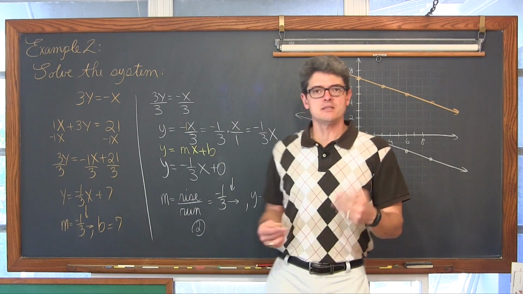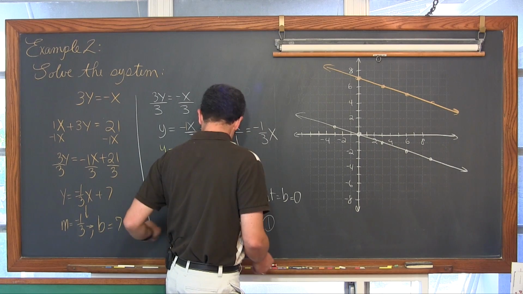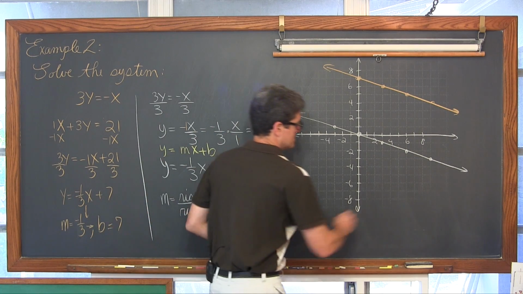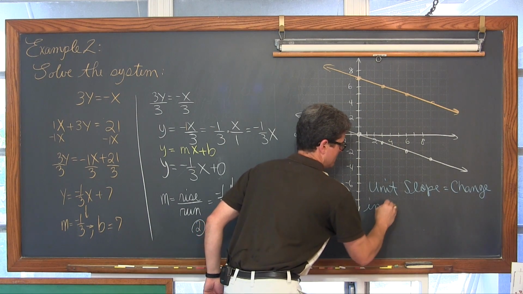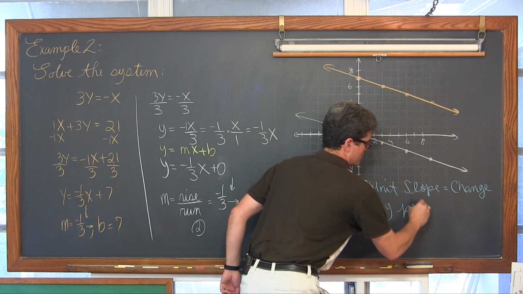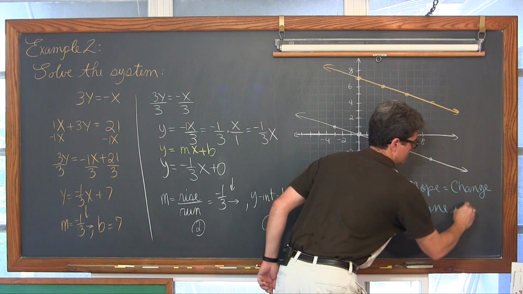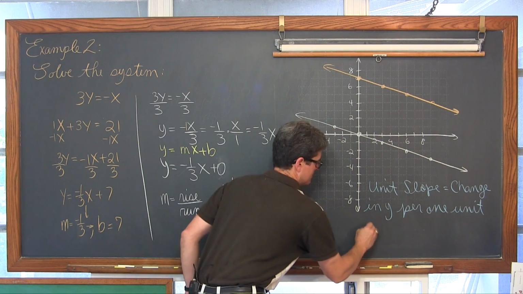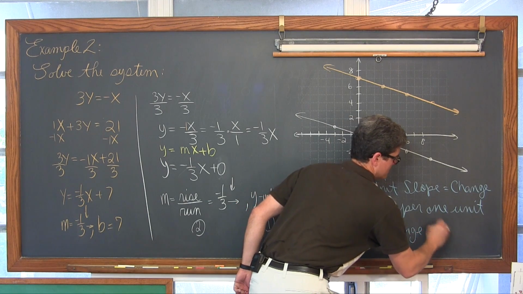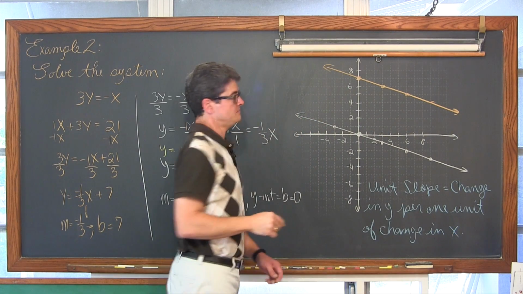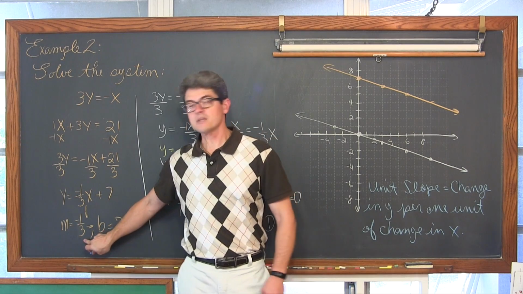And keeping on with that idea of unit slope, which is change in y per 1 unit of change in x, our slope is negative 1/3.